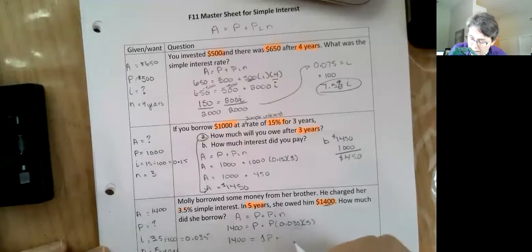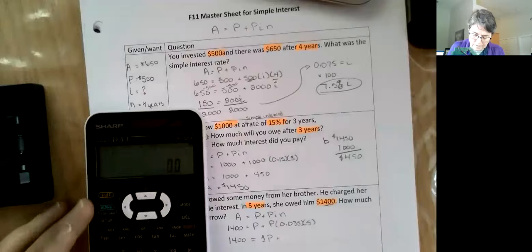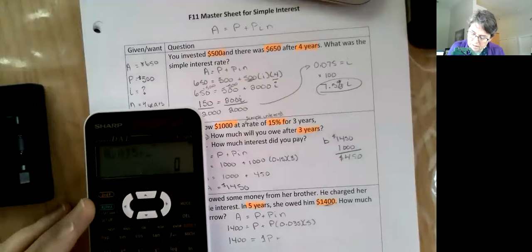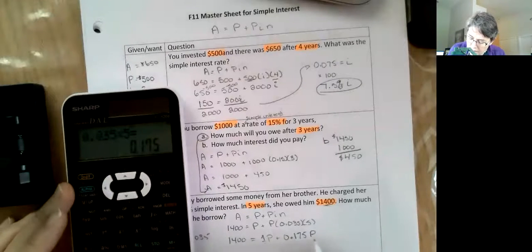I'm going to put my 1 in there. Multiply those through: 0.035 times 5 is 0.175. Then we can put those together because they're like terms.